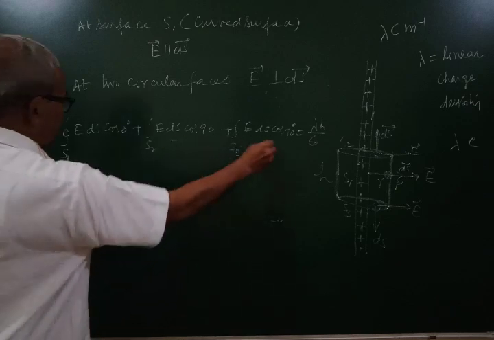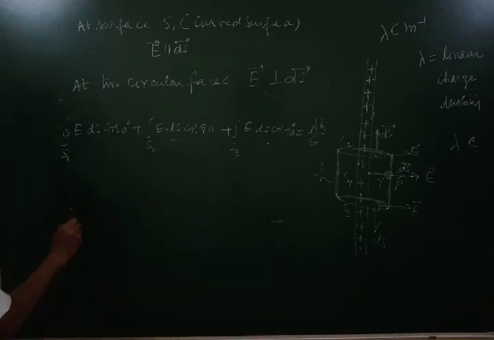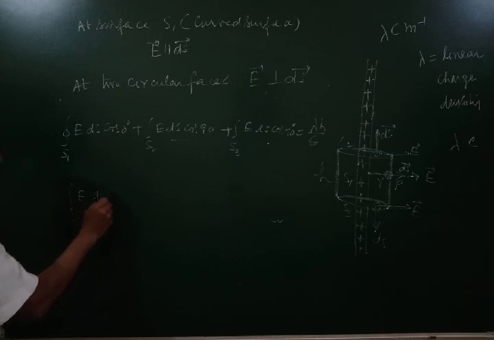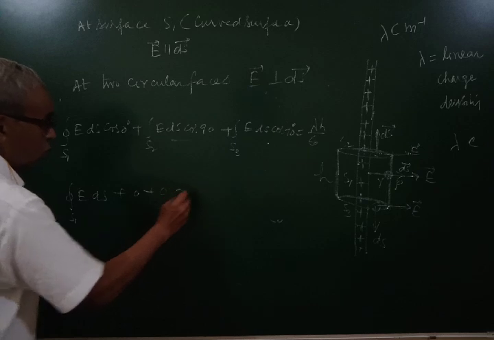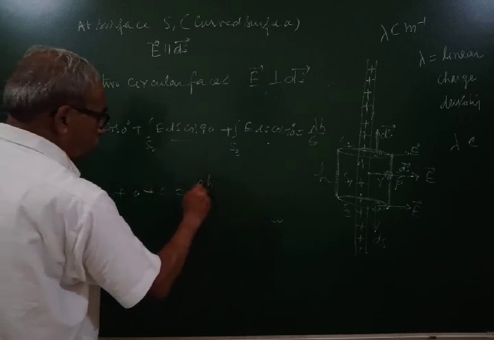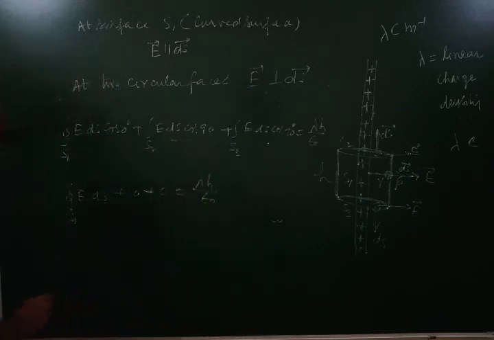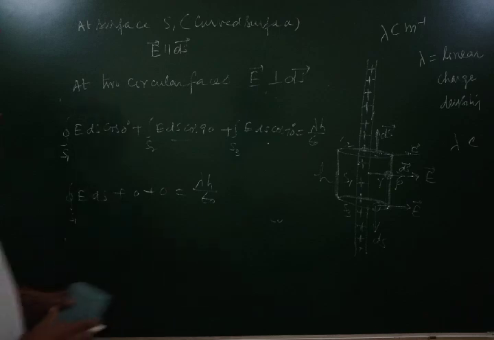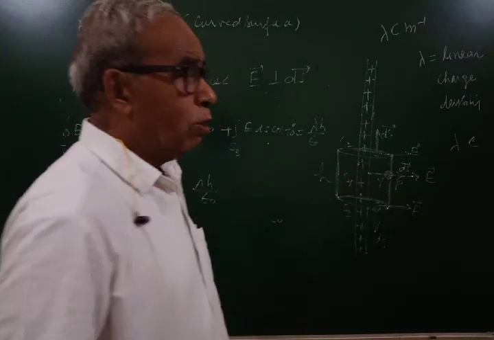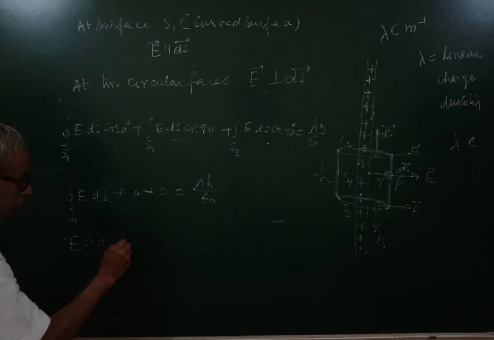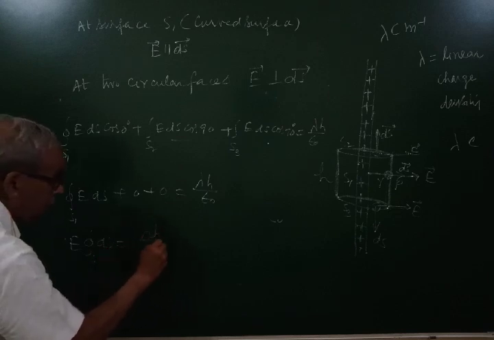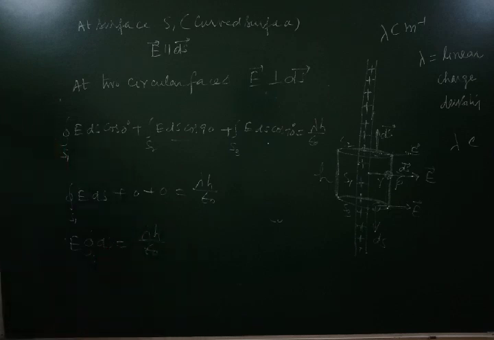So these two terms become 0. We can write the integral over S1 of E ds, plus 0, equal to lambda h upon epsilon 0. Because the electric field magnitude is the same at every point, E is constant and comes out, so the integral of ds over S1 equals lambda h upon epsilon 0.